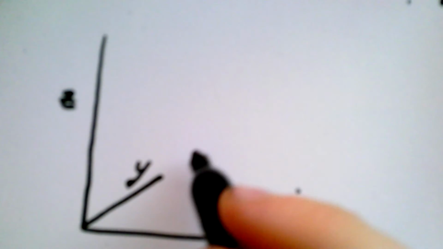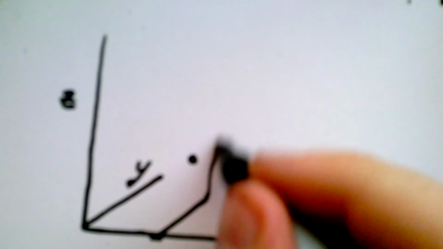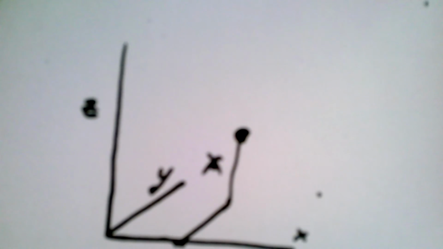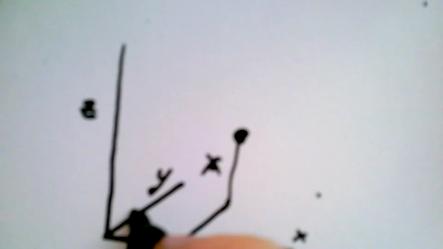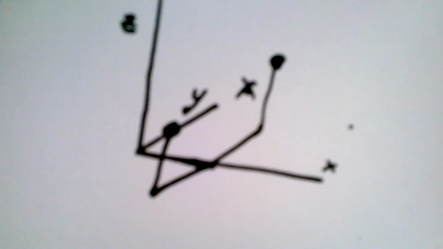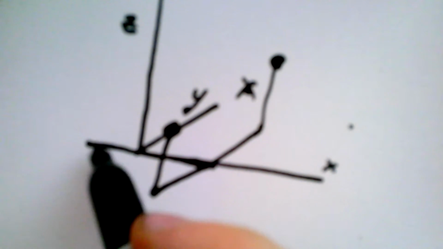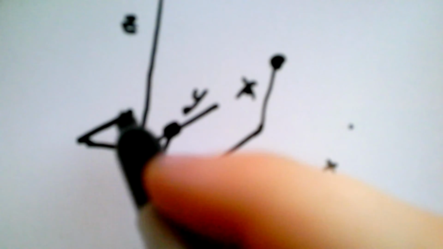So we have the point 1, 1, 1, which is 1 in the X direction, 1 in the Y direction, and 1 in the Z direction. Then we have 1 in the X, -1 in the Y, and 1 in the Z here. And then we have -1 in the X, and then 1 in the Y, and 1 in the Z.